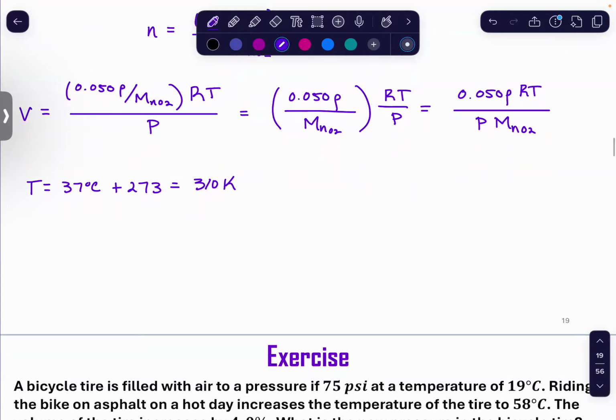Okay, so then volume is going to be 0.050. Density is 1.149. Our gas constant, well, let's see here. We can also chase our units. It was milliliters, I believe.